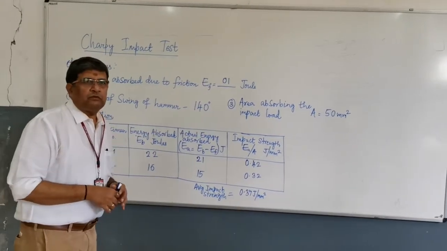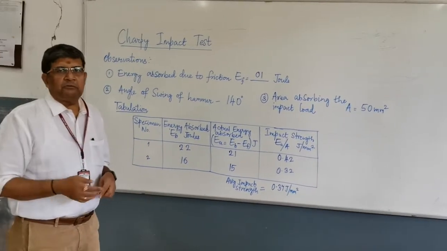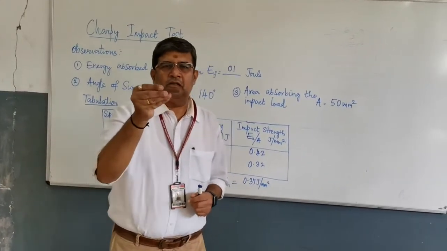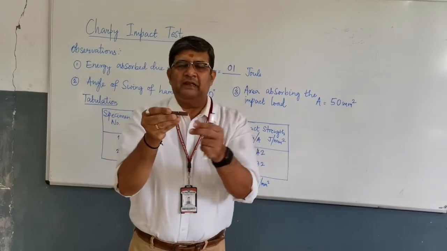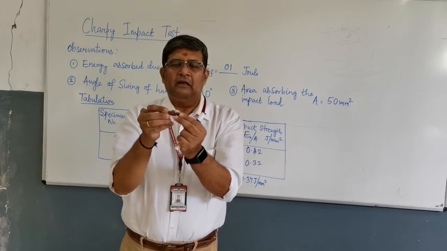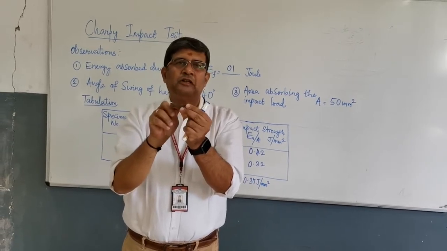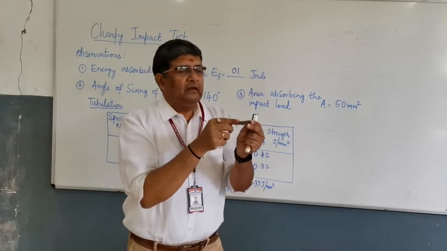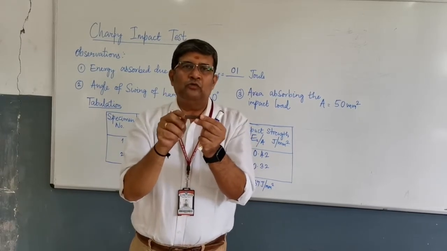The observations we need to take before we conduct the experiment are, for example, this is the specimen of Charpy. We can see that the total length of the specimen is 55 mm and the depth of the notch is 5 mm. The cross section is 10 by 10 mm and the shape of the notch is a U notch.